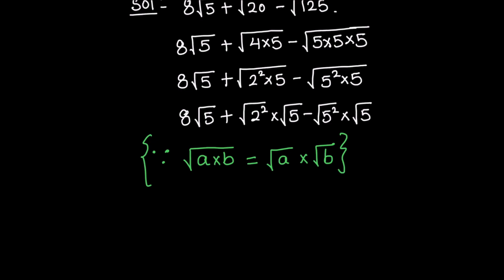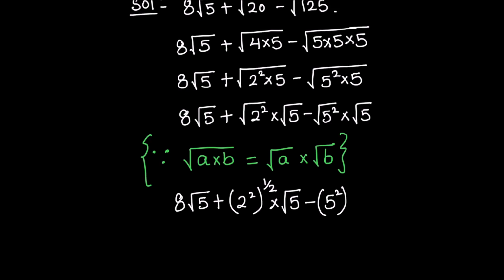Now let's come to the next step, which is 8 square root of 5 plus this 2 square under the square root sign can be written as 2 square whole raised to power 1 by 2 in index form, times square root of 5, minus 5 square whole raised to power 1 by 2 times square root of 5. These two numbers we have written in index form because these will come out of the square root sign.